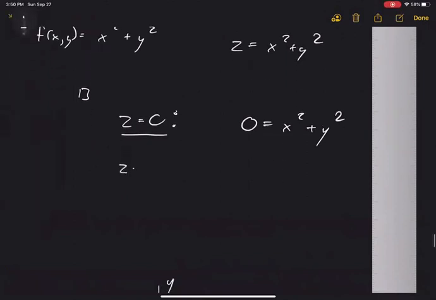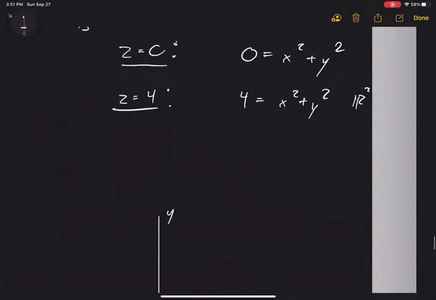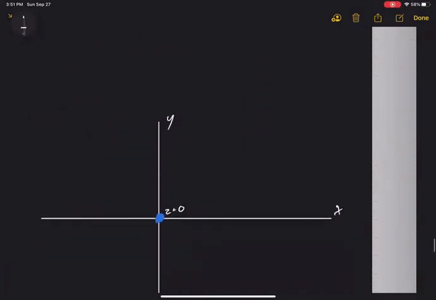How about z equals 4? When z equals 4, my equation becomes 4 equals x squared plus y squared. Now think about this in terms of R2. That's the equation of a circle with radius 2. So let's graph that. Say that's 1, 2.